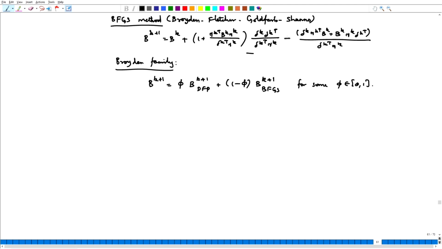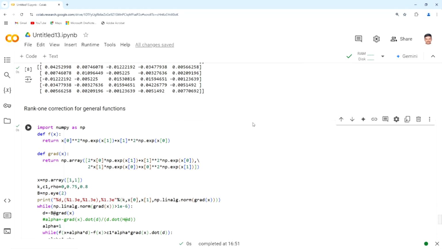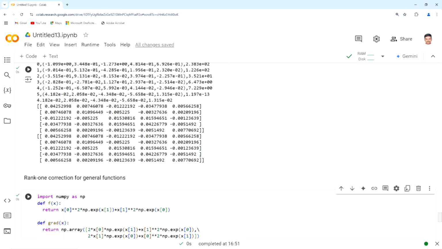If phi equal to 0, this is the BFGS method. If phi equal to 1, it is the DFP method, and phi in the open interval 0 1 is a convex combination of both of these methods. I will implement that as well, and you can see again there will be absolutely no change.